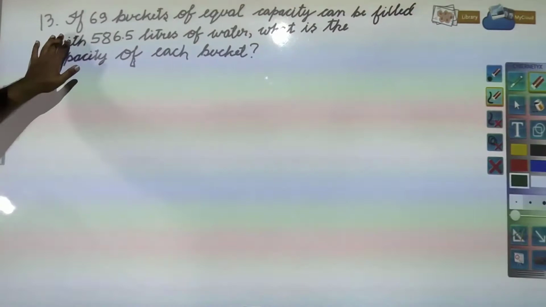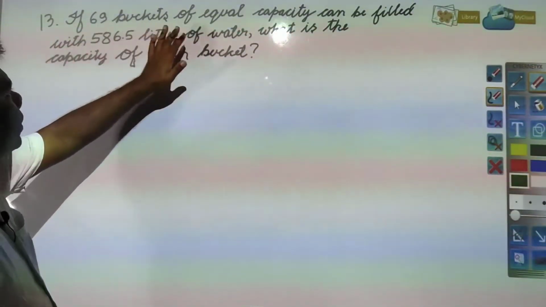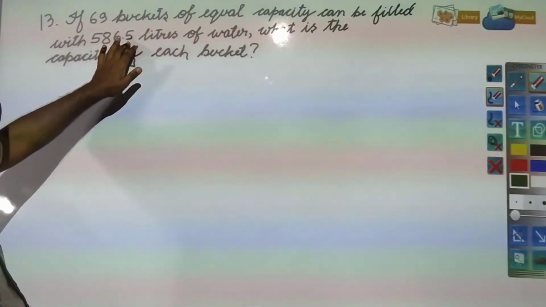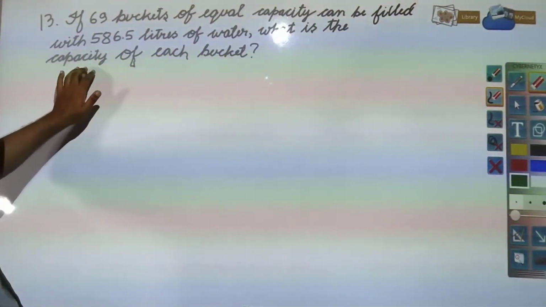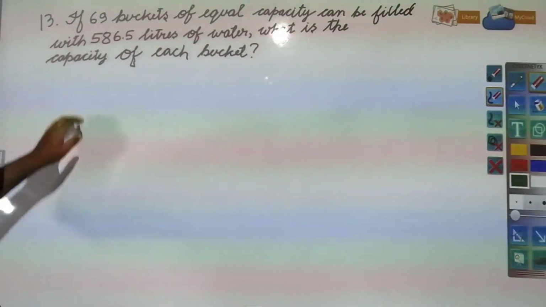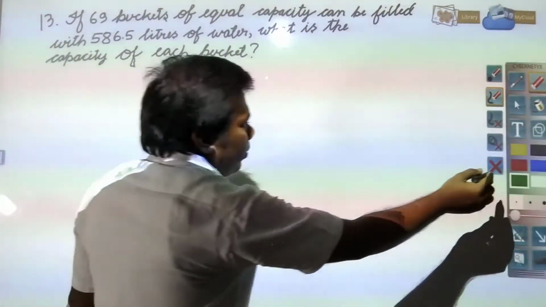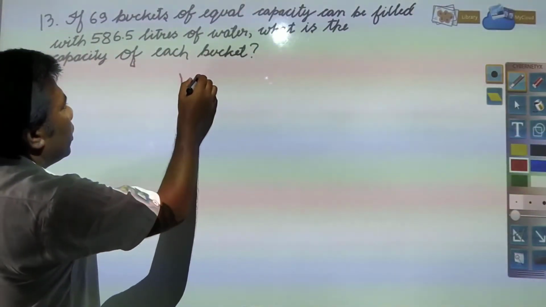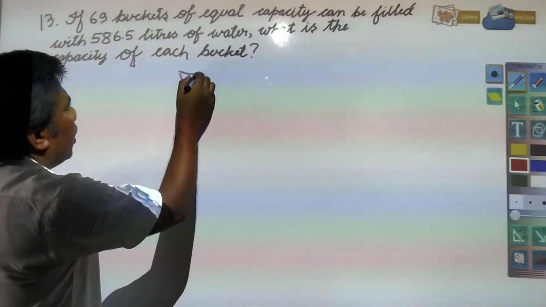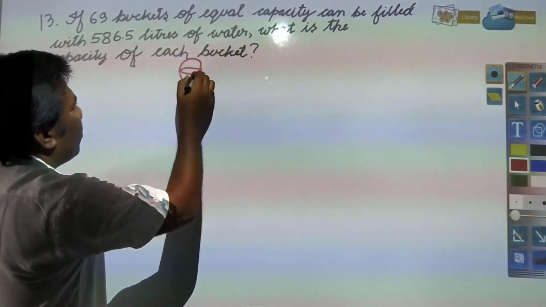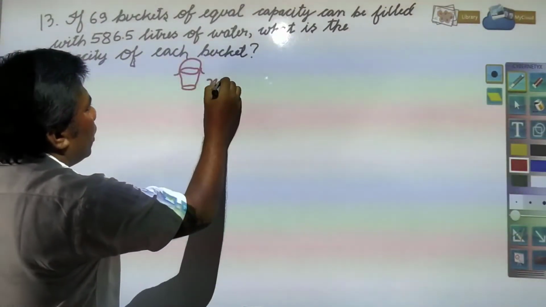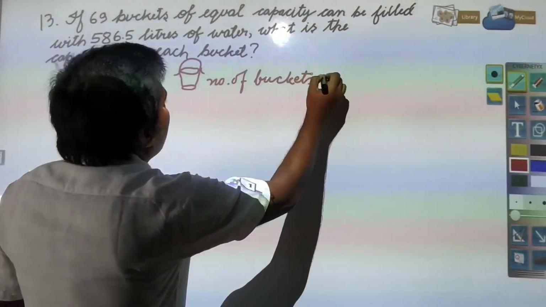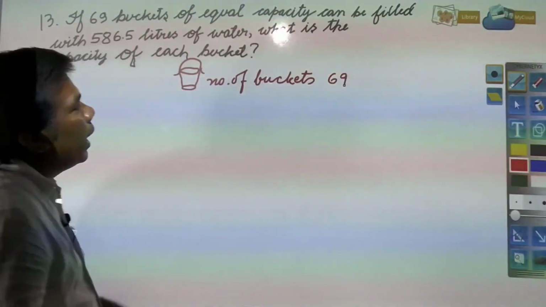Your question number 13: if 69 buckets of equal capacity can be filled with 586.5 liters of water, what is the capacity of each bucket? Suppose this is your bucket, and the number of buckets you have is 69.